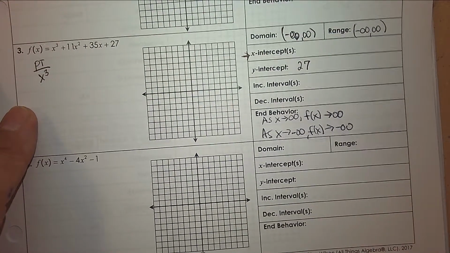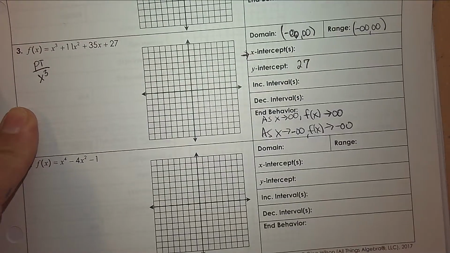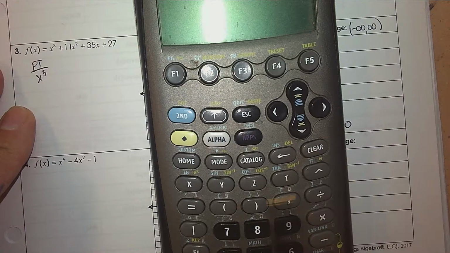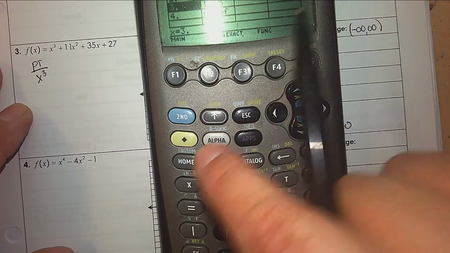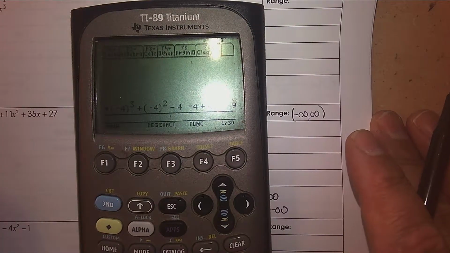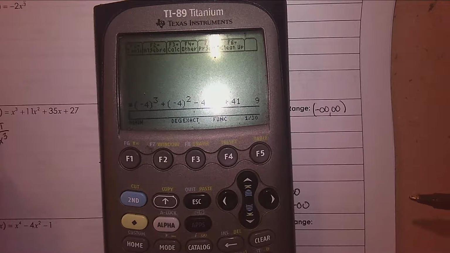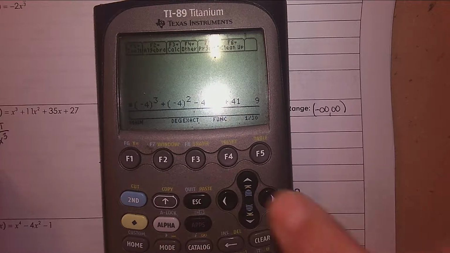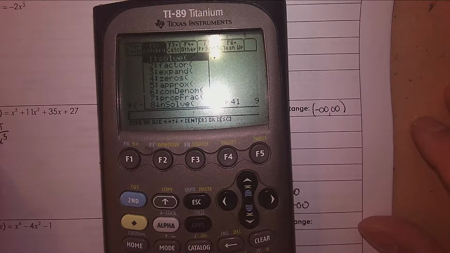Can I show you on your calculator how you could find zeros quickly? Would you allow me to? By the way, if you have the Nspire, you're just going to press the menu button. So, can you press algebra? Which one do you think would help me find the zeros? Zeros.